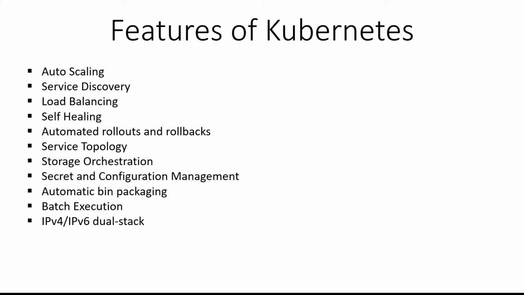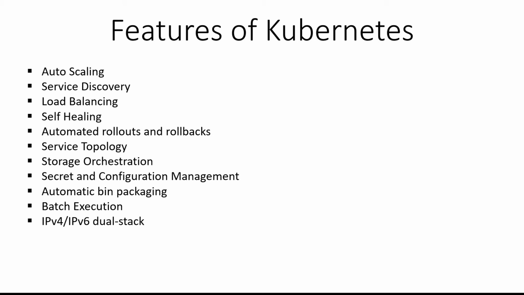There will be standalone applications also. Even standalone applications can be deployed via batch, and we can schedule at what time the deployment should happen. All those features are available in Kubernetes.